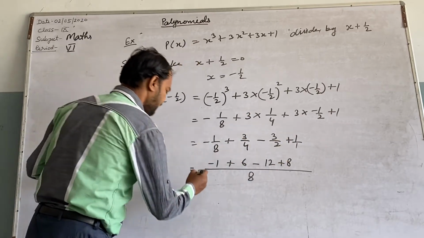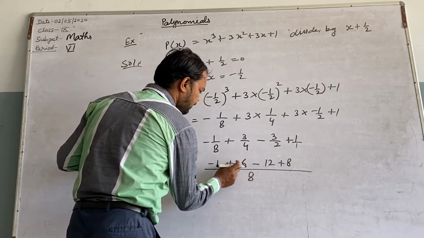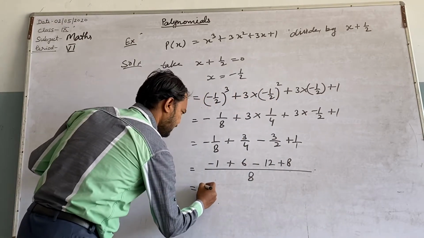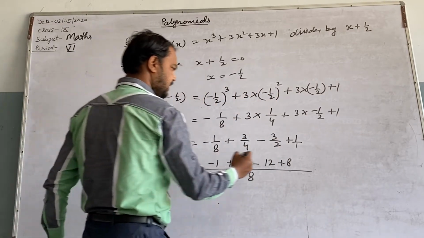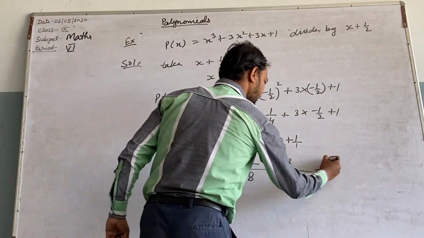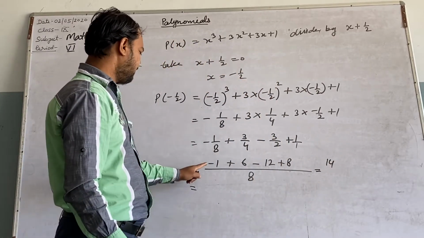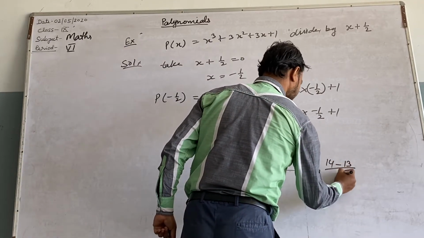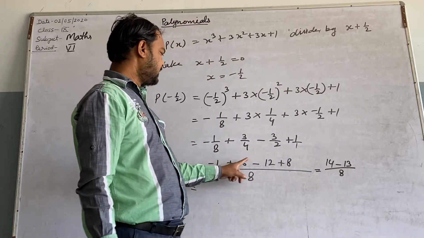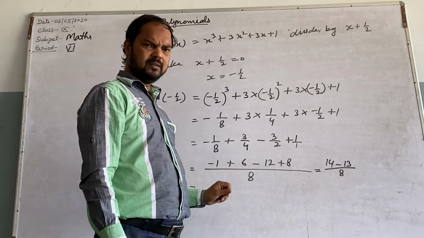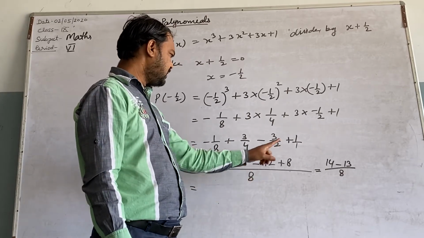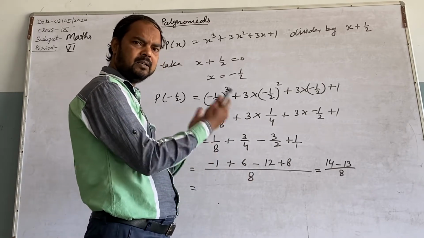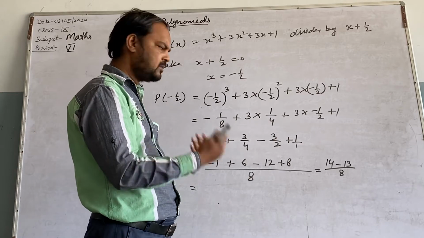Now here you can first of all take the pluses: plus 6 plus 8 gives 40, minus 1 minus 12 gets minus 30 upon 8 — sorry, plus 6 plus 8 gives 14... Add all the pluses in one side and all the minuses in the other. सारे प्लस को एक में ऐड कर देंगे, सारे माइनस को एक में ऐड कर देंगे.